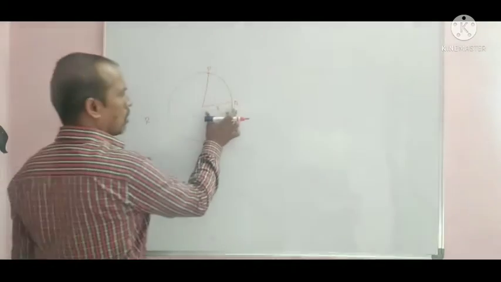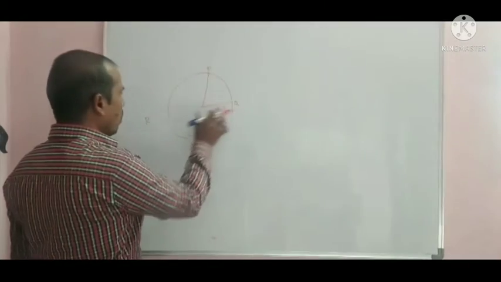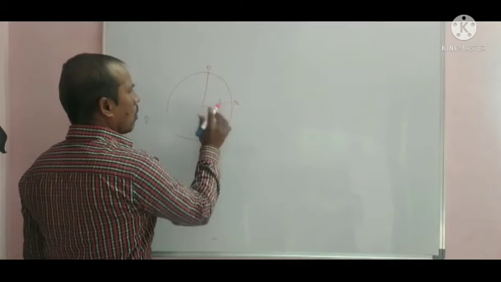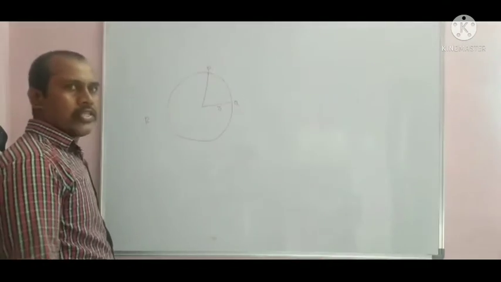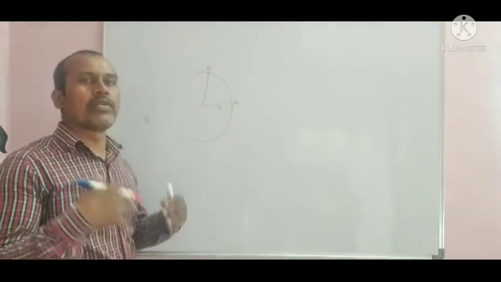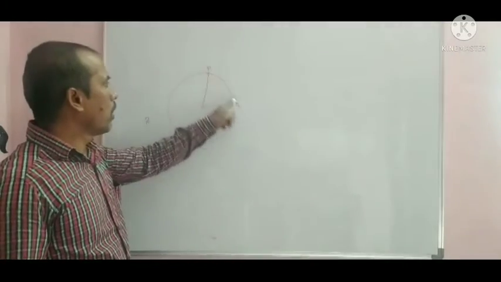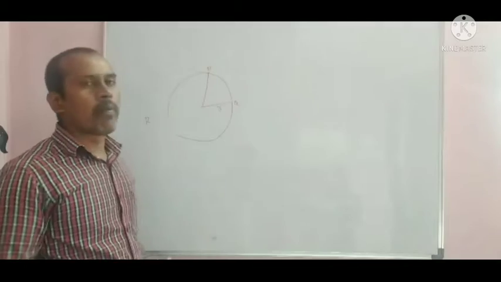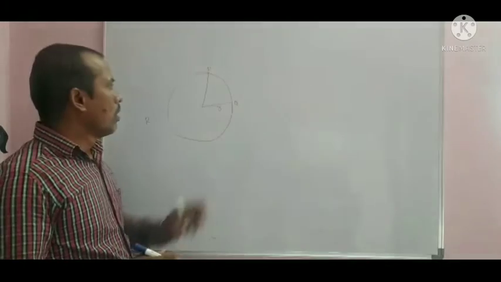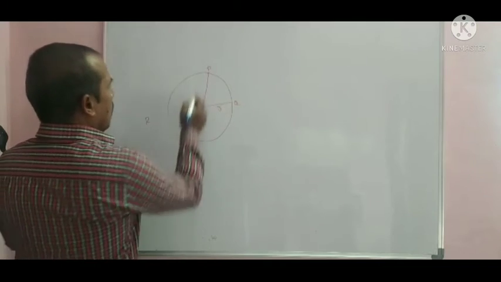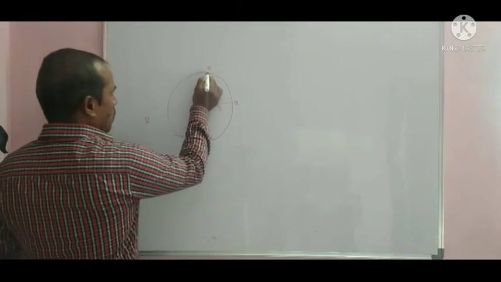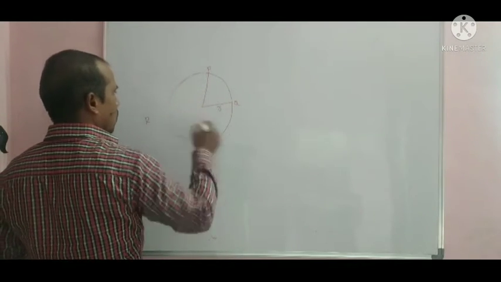The radius of the ring is small r. Find the effective resistance between points P and Q. So the ring is divided into these two parts.